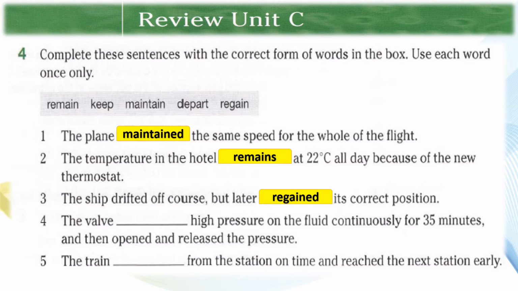Number 4, the valve kept high pressure on the fluid continuously for 35 minutes and then opened and released the pressure. Number 5, the train departed from the station on time and reached the next station early. Excellent, my students.